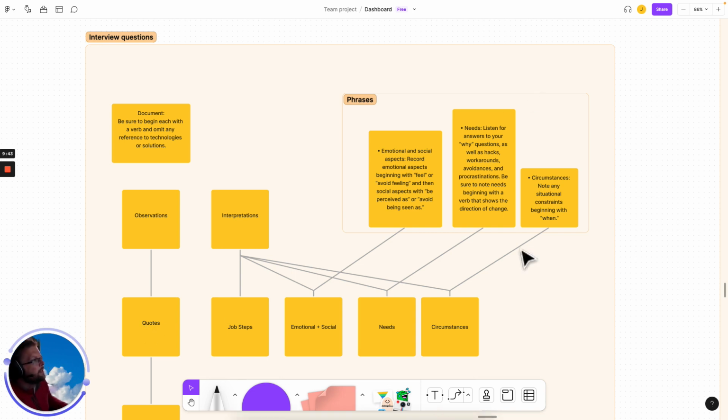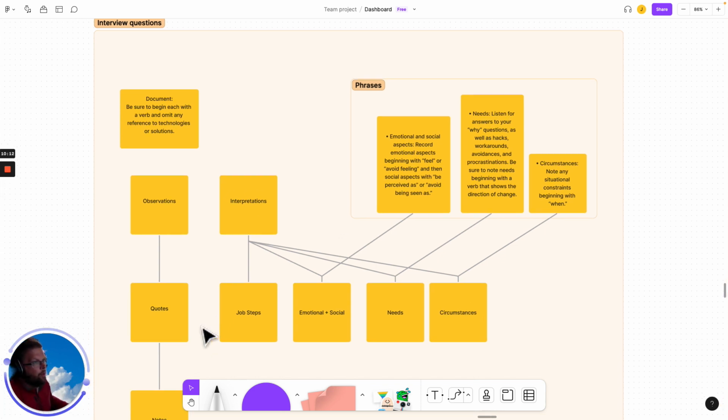And then listen when your customer describes a hack, a workaround, avoidance, procrastination. This is an excellent time to optimize and identify where that process is broken. And then anytime that they say when, that is a circumstance. It is a whole separate category, and it's super important in your customer discovery process, along with solving the problem that you're trying to deliver the solution for.